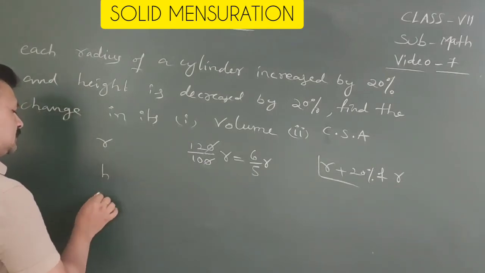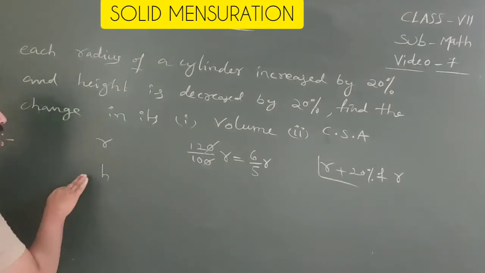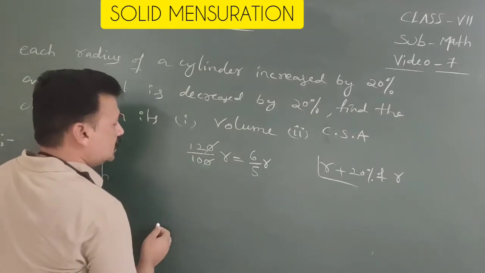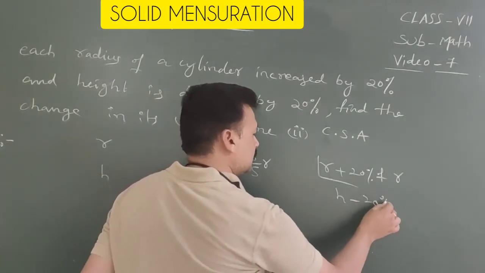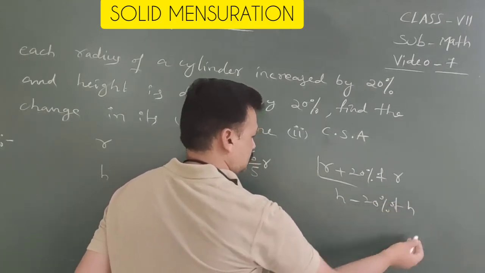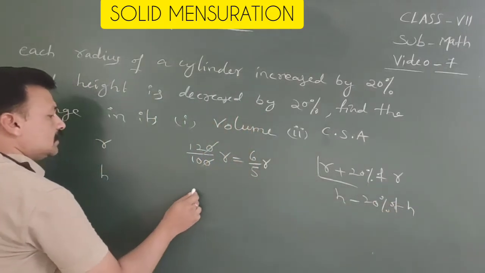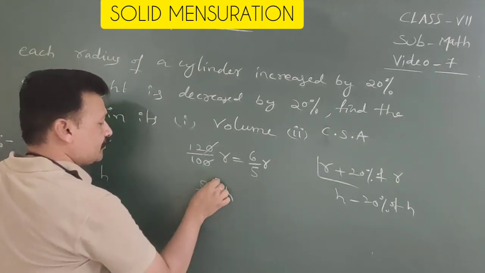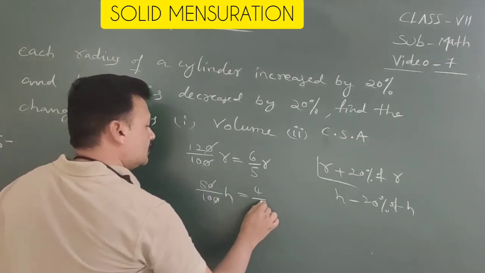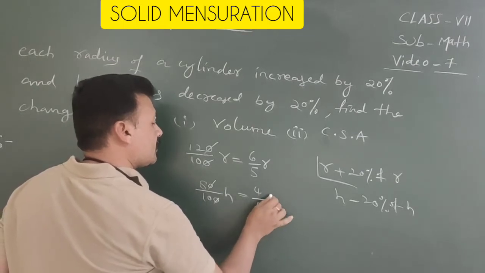Next H, the old one, the new one. It is decreased, meaning H minus 20% of H, meaning 80 by 100 H, that is 4 by 5 H.